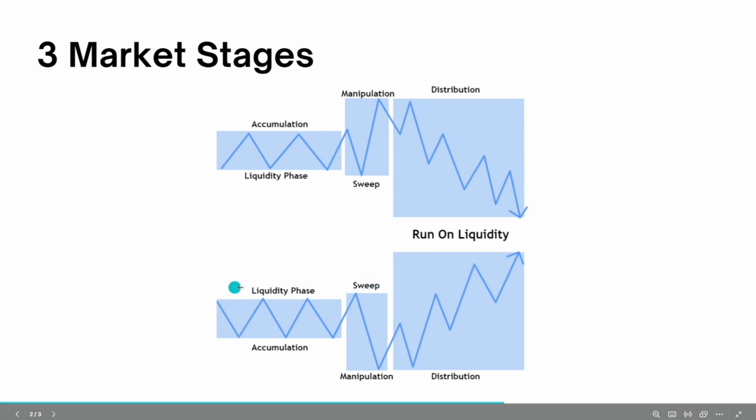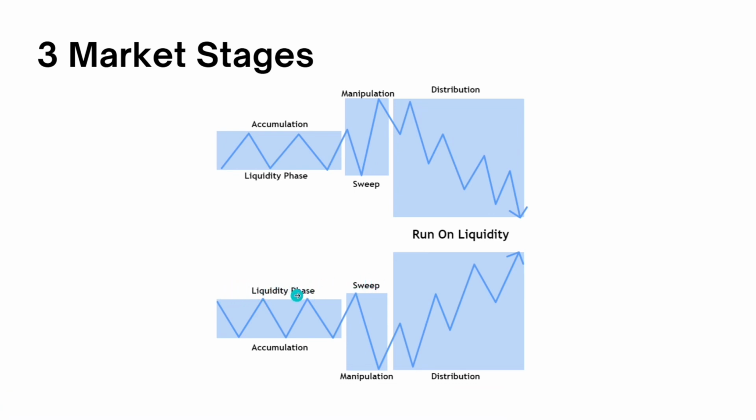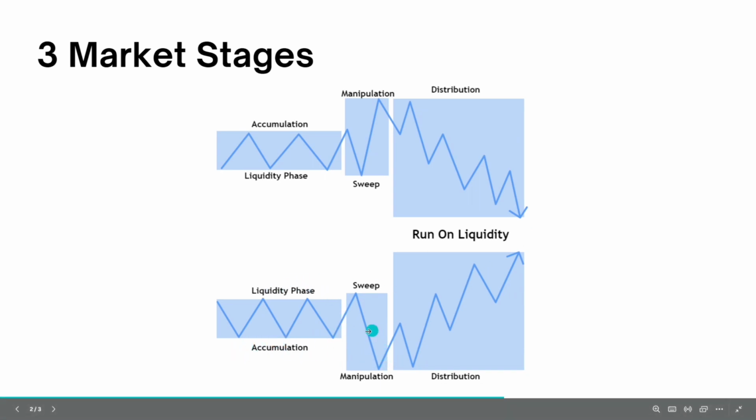Now, the same thing on the diagram below. They want to sweep the sellers first because they want a buying opportunity. So they'll sweep the sellers first, which creates less resistance for them, and then they'll sweep the buyers.